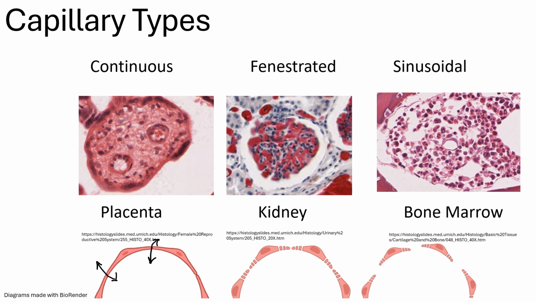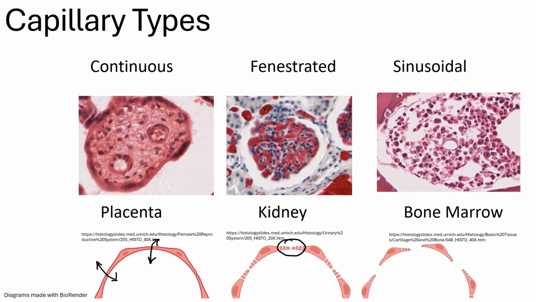They're not so big in those continuous capillaries. We'll see fenestrated capillaries in the kidney, and there are slightly larger holes between the cells instead of little clefts. These are called fenestrae, a word that literally means windows.